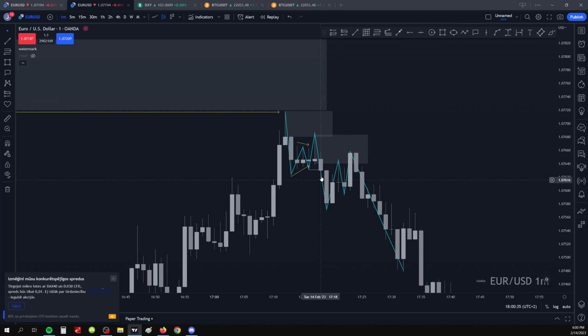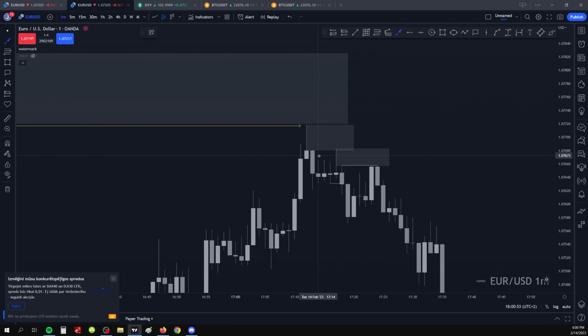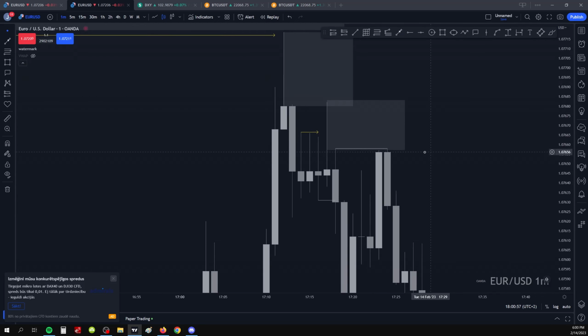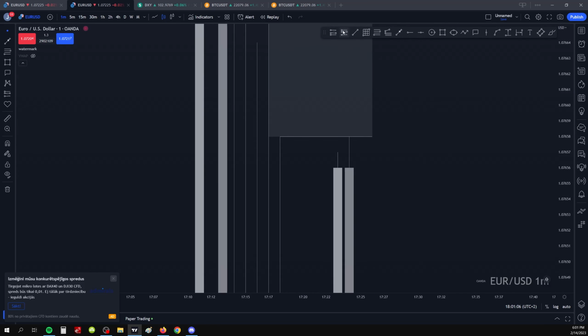And as you know, the first high after the break is the liquidity point as well. So this would be your perfect entry here. As you can see, it got tapped to the pip.